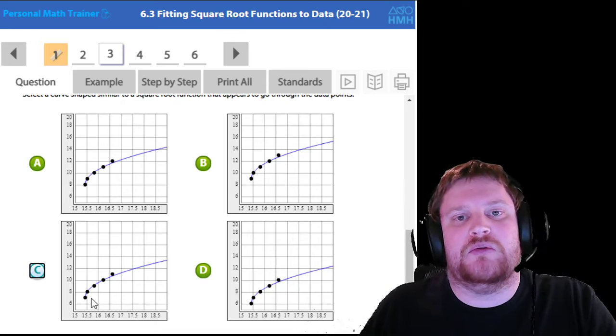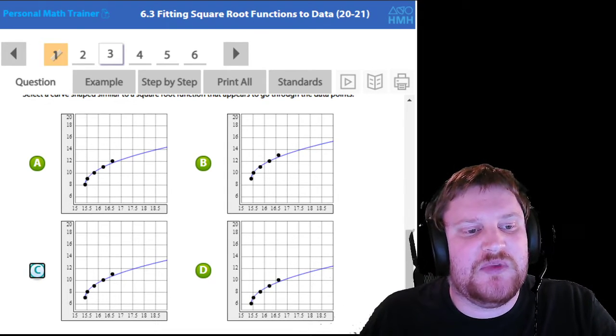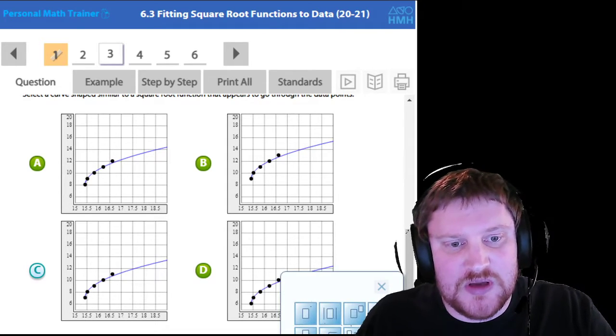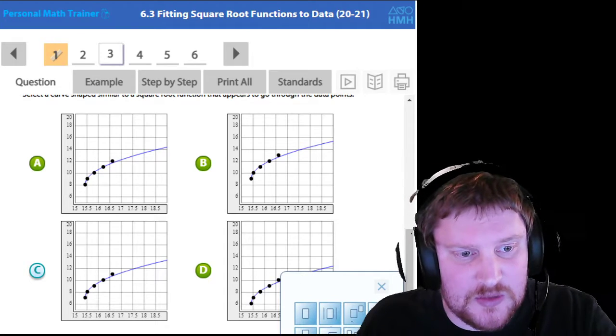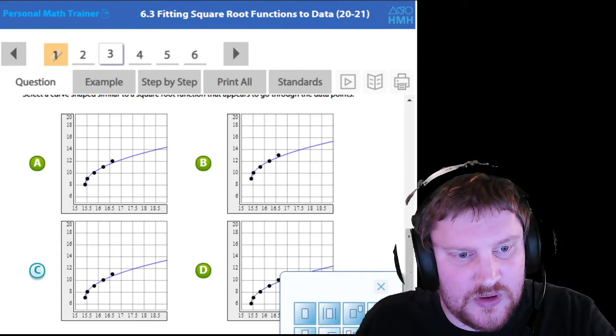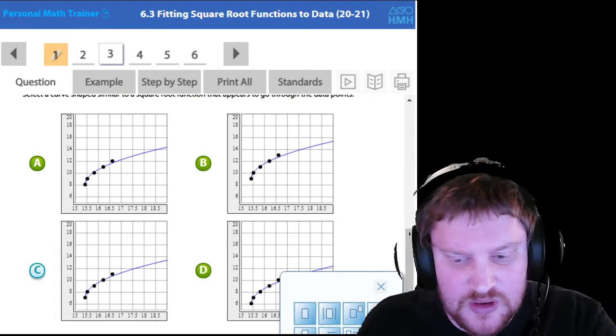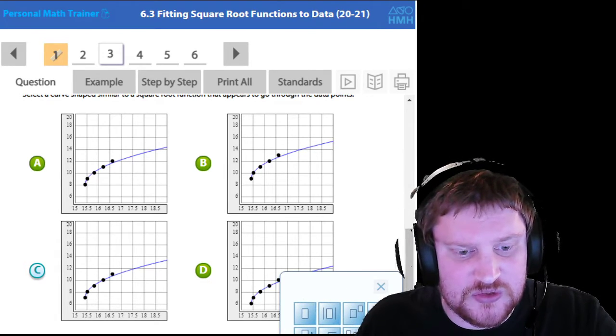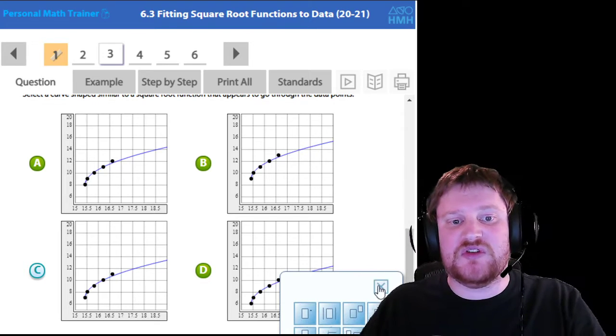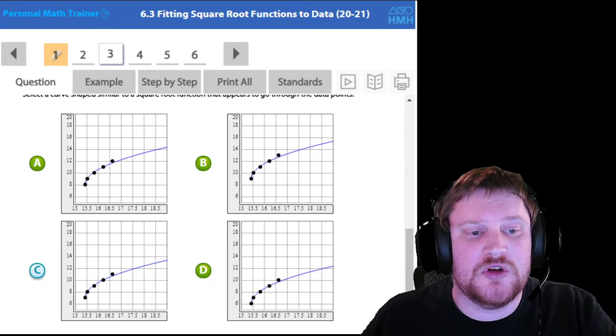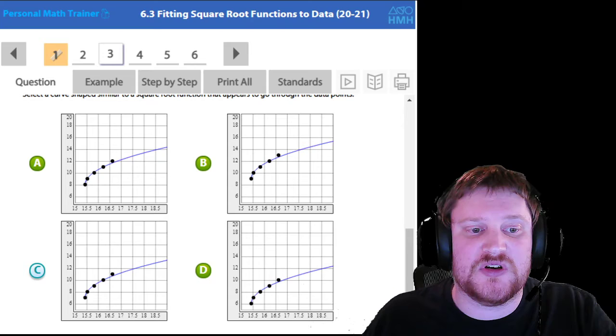Here's the problem though. They ask you to give them the estimated square root function. Now you guys know that a square root function has some number a, square root, x, plus or minus h, and then on the outside, plus or minus k. Luckily, most of these you guys already know how to do. You know that h is the x value of the vertex.